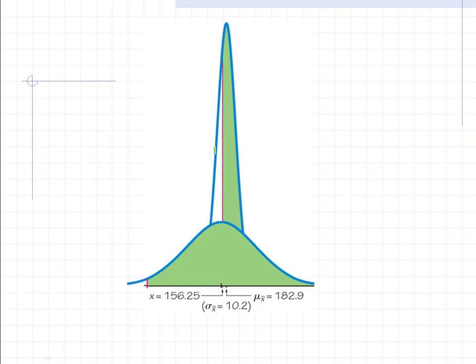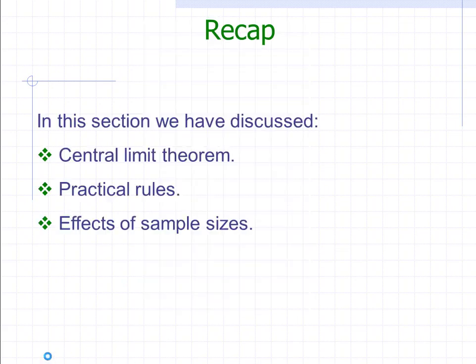When we take the sampling distribution and skinny up the distribution, we are honing in on the correct score. Our chances of being wrong are less because our distribution is not as wide as it is with one individual. So we've talked about the central limit theorem, the practical rules, and the effects of sample size.